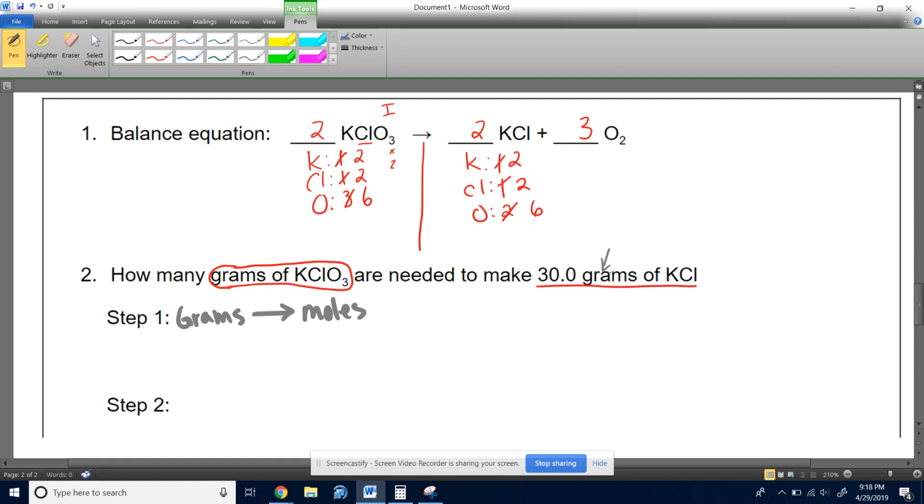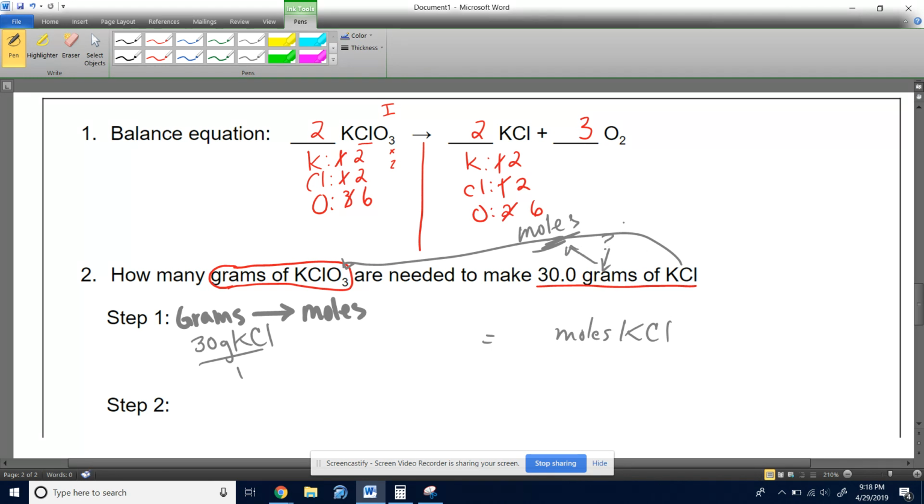But we don't want to be working in grams because remember, it's easier to go from one unit to another if we are using moles. So we need to be in moles. This is very important. We have to be in moles. So in order for us to get into moles, we have to convert our 30 grams of potassium chloride into moles. Like what we talked about in class today, how can we go from grams to moles?